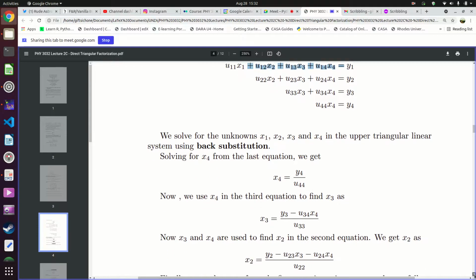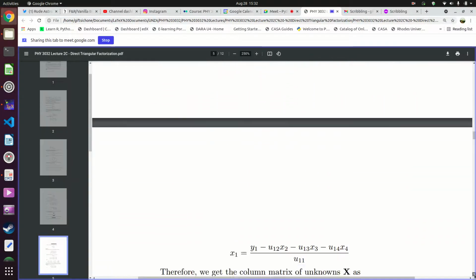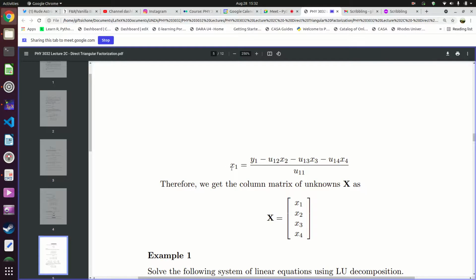Then you divide both sides by u11, so you end up with x1 equal to y1 minus u12 x2 minus u13 x3 minus u14 x4, divided by u11, which is what you have here. Then since you have your x1, x2, x3, x4, you write your x matrix, which is just x1, x2, x3, x4, like this.